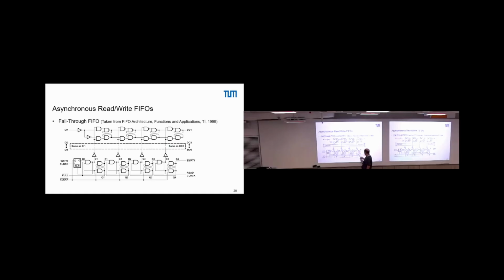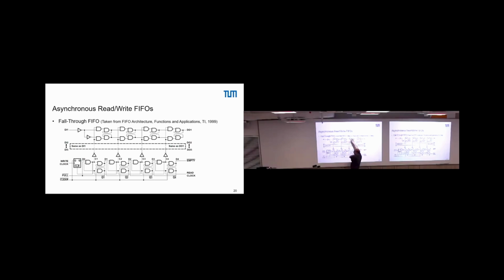It's already permanently at the data output. But if we now trigger the read clock, what we do is we unlock this stage. With unlocking this stage, that unlocks the stage before. We propagate the data word from here to here, then this one here blocks. Then we propagate from here to here.